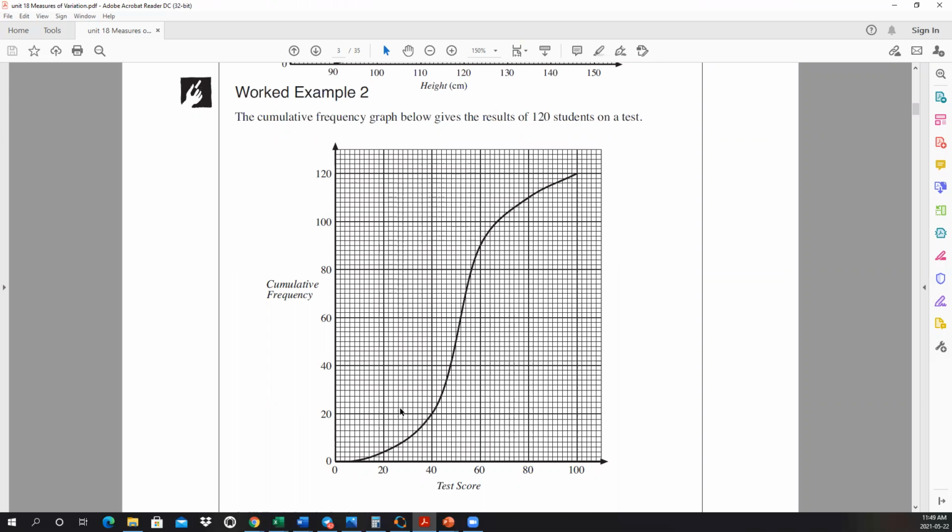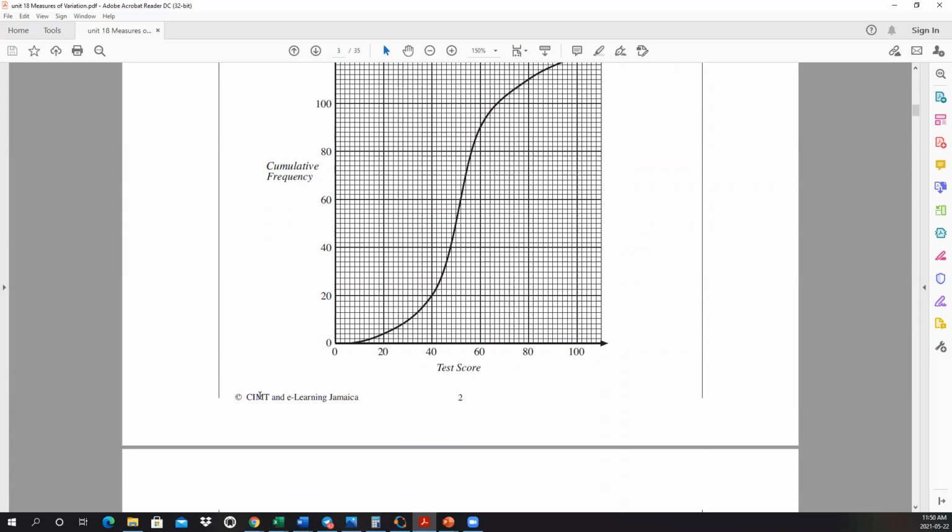So these students are going to have the low scores down here, and then the higher scores up top, as you can see by this. So the lower 25%, the 25% of 120 is 30, right? Or you can think of it as a quarter of 120 is 30. So around here will be your lower quarter.